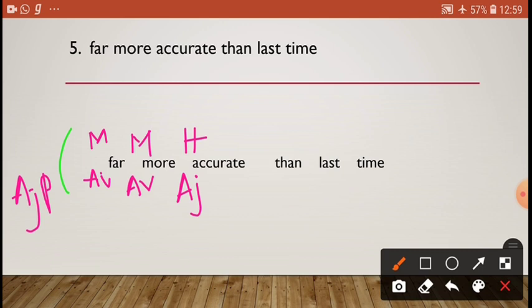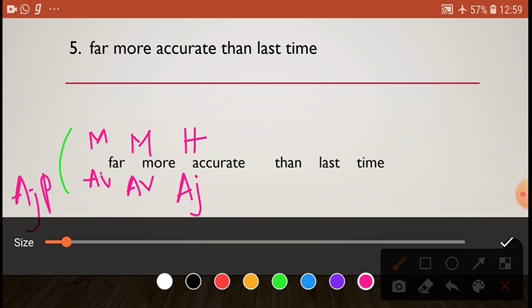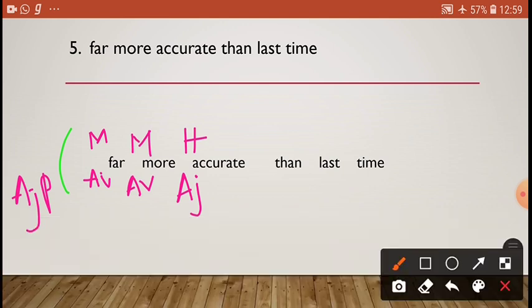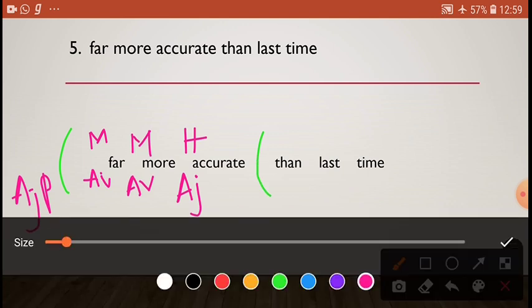Then what about than last time? This is a new phrase that is part of the adjective phrase. Understand it: it is not a separate phrase, but is part of the adjective phrase and functions as a modifier. So, here we will give an opening bracket.